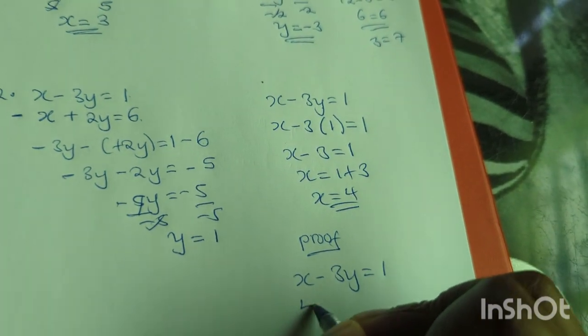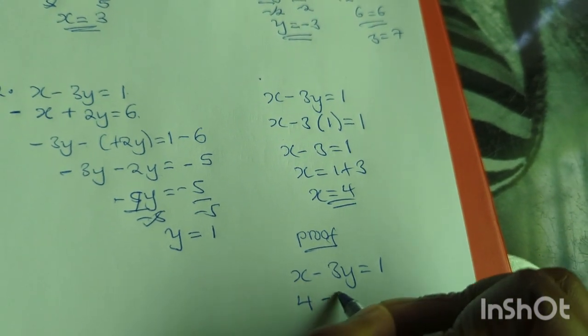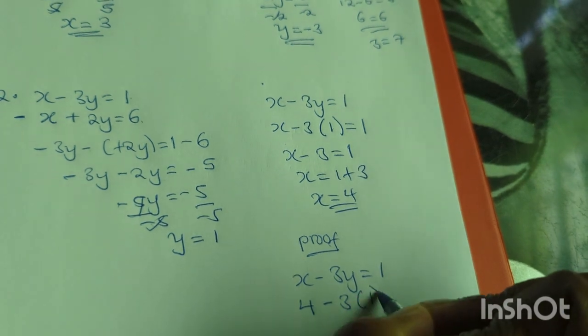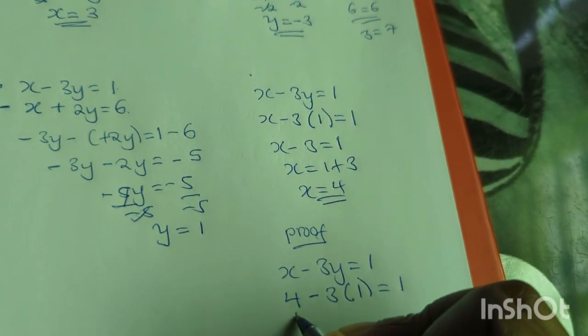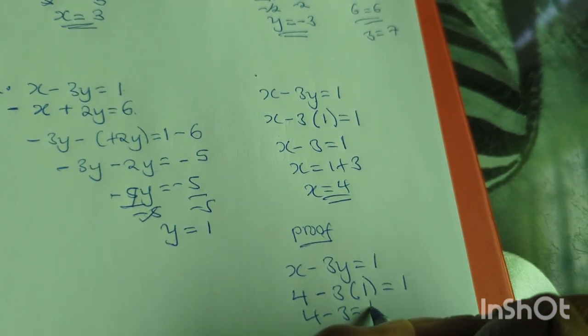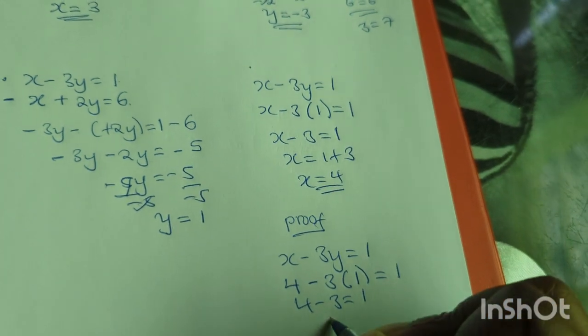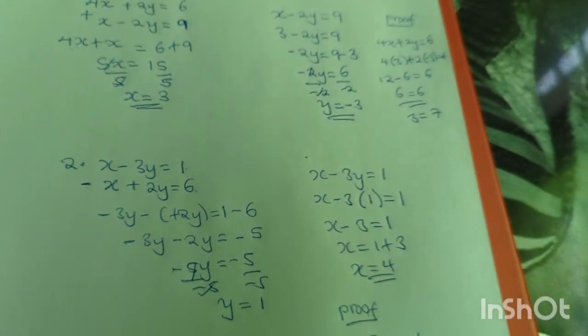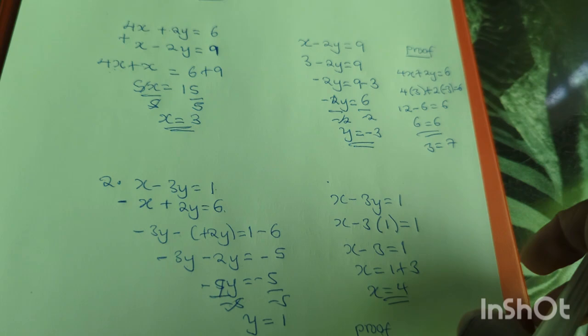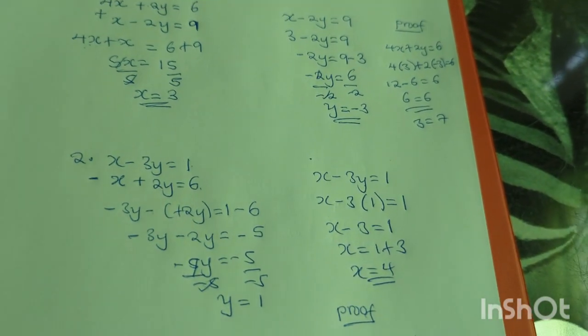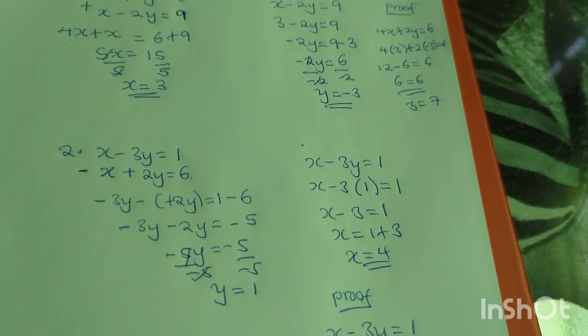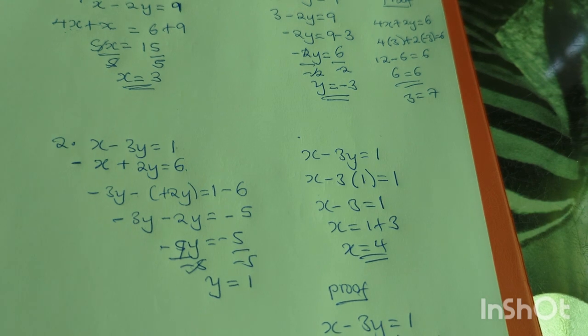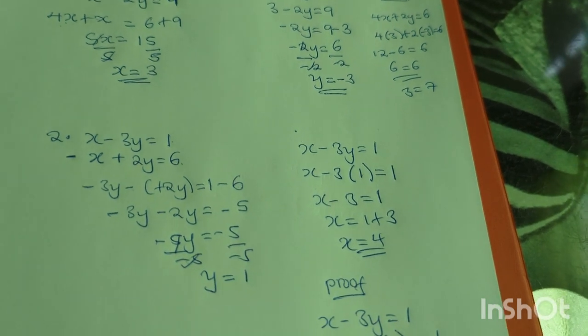What's the value of x? 4 minus 3. The value of y is 1 equals 1. So 4 minus 3 equals 1. What is 4 minus 3? 1 equals 1. So meaning the values I got are correct. And just like that, we've covered how to solve simultaneous equations using the elimination method.